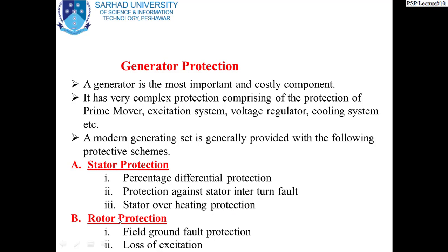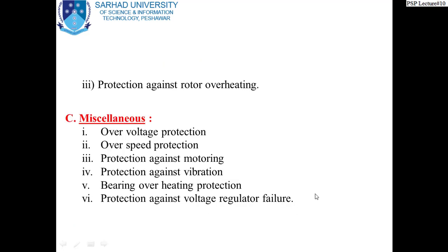The second important component of the generator is, of course, the rotor: field ground fault protection, loss of excitation, and protection against rotor overheating. So these are three types of protection for the rotor.